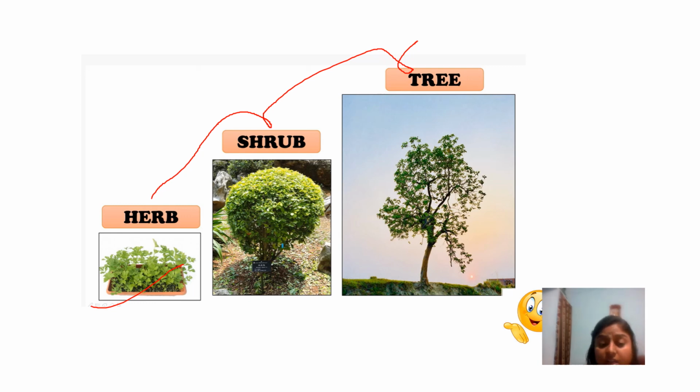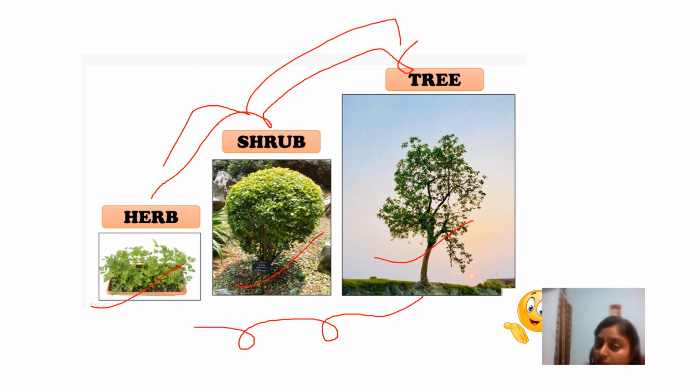In shrubs there are examples like jasmine, lemon, and in the trees there are examples like mango, coconut, apple, sheesham, peepal. These are examples of trees. Okay students, now clear what is herb, what is shrub, and what is tree. Okay, now let's come to the next.